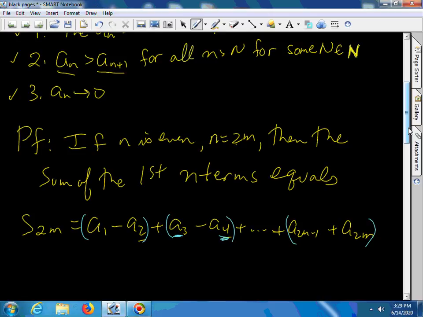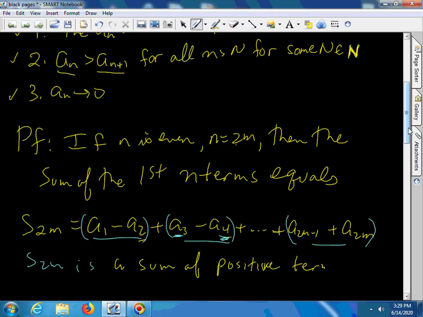Now, each of these terms is going to be positive, or 0. Okay, so basically s sub 2m is a sum of positive terms.